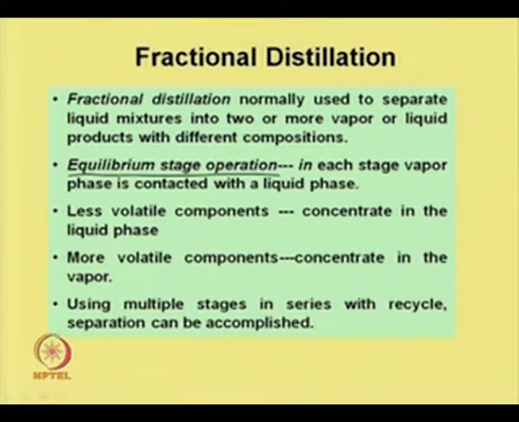That means, in each stage the vapor phase is contacted with a liquid phase, and the vapor and liquid come into equilibrium. What happens? The less volatile component is concentrated in the liquid phase, and the more volatile component is concentrated in the vapor phase.